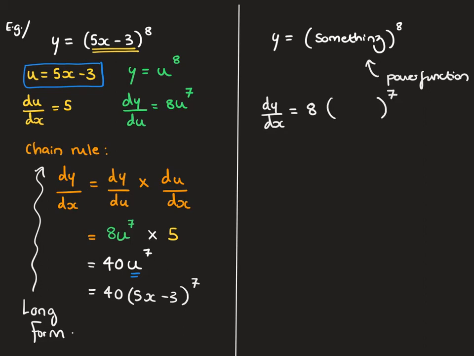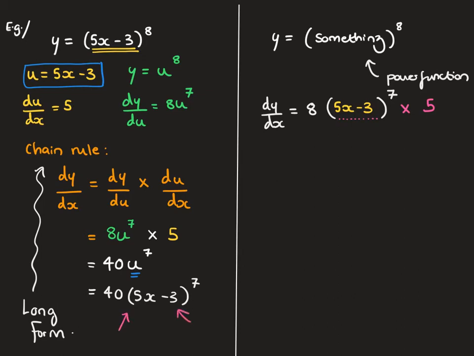So we have 8 bracket, and then the something is raised to the power of 7. But we know that the inner function is 5x minus 3. And what we now have to do is multiply by the derivative of this inner function. What's the derivative of this inner function? Well, it's 5.